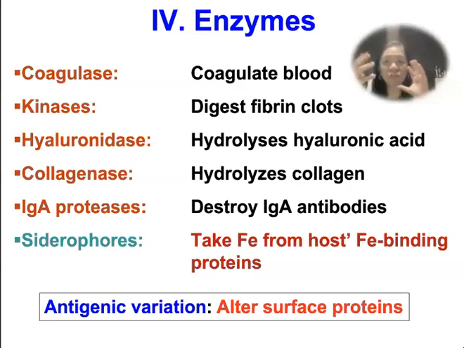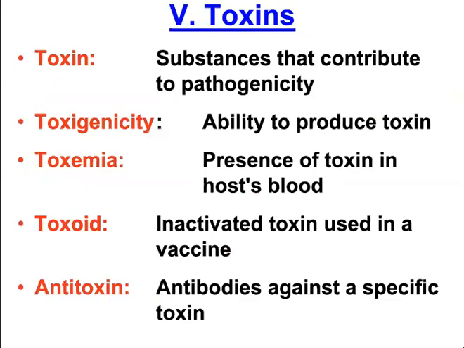So kung nag-mutate or nag-evolve ang bacteria, ang problema, hindi na makilala kahit gamay na change ng ating antibody, no? So gagawa na naman tayo ng panibagong antibody para sa organism. So antigenic variation or ability to alter surface protein is also a mechanism of pathogenicity.